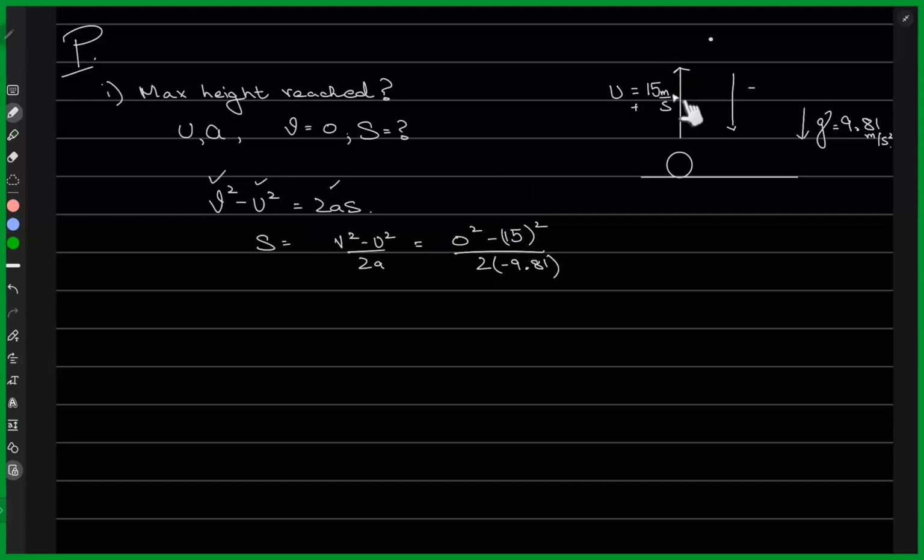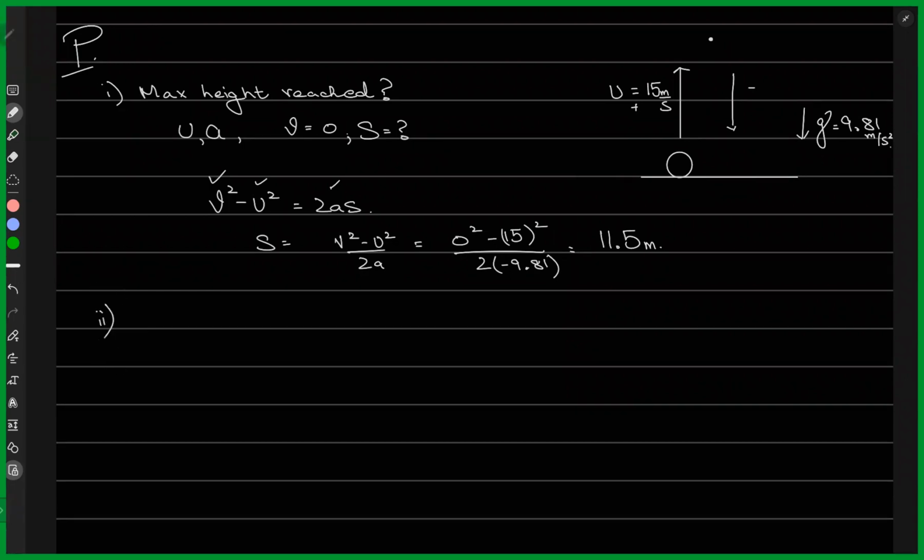You have set that the upwards direction has a positive signature attached to it, which will automatically mean that a downward direction should have a negative. So gravity is downwards. That's why it has a negative sign with it, negative 9.81. So this math just gives you 11.5 meters. So is that clear? Yes, sir. All right. Okay.